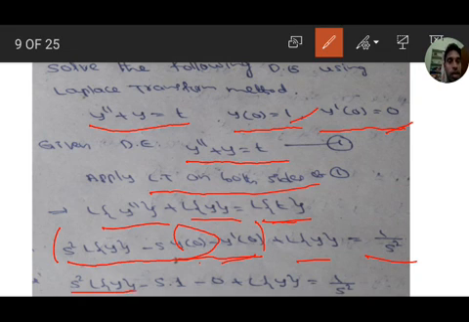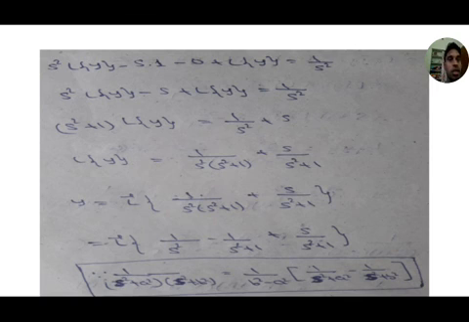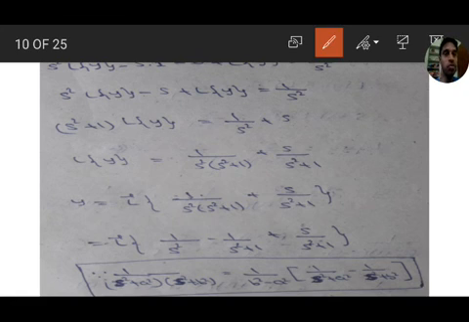So s square L of y minus s into 1 minus 0 plus L of y equal to 1 by s square. S into 1 is s, so we get s square L of y minus s plus L of y equal to 1 by s square.